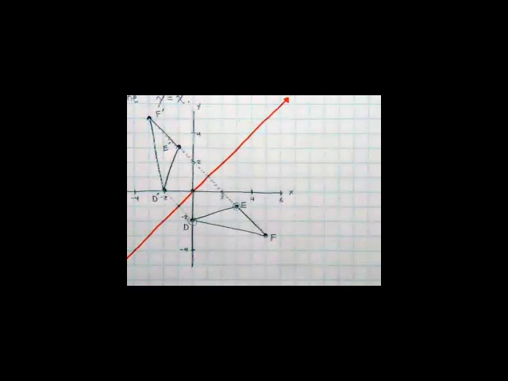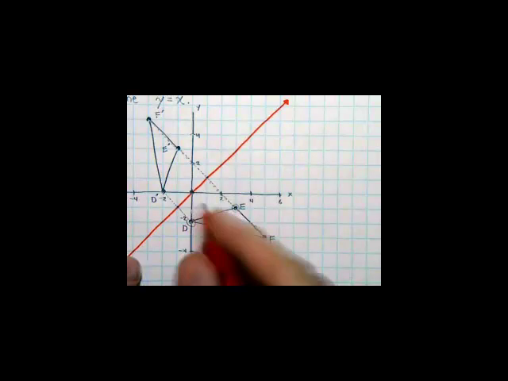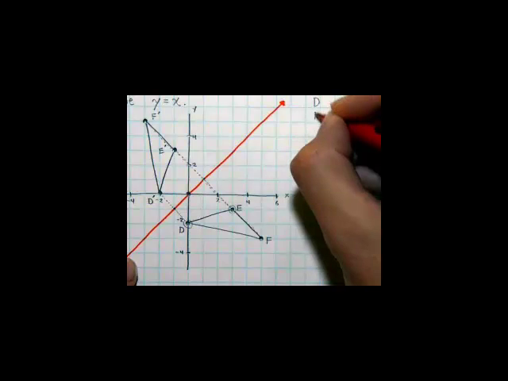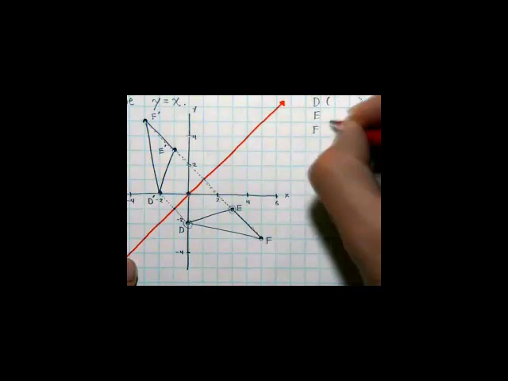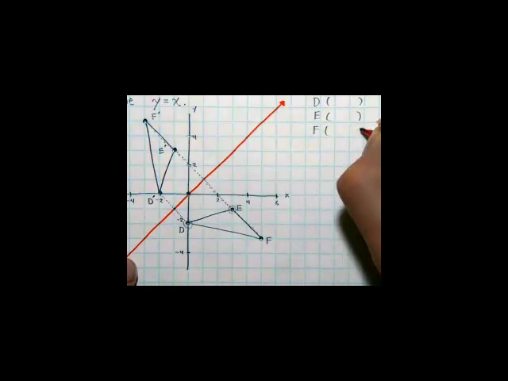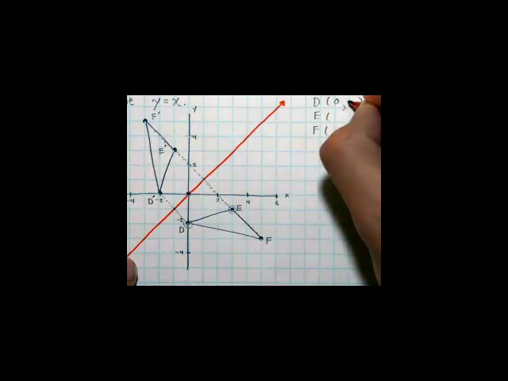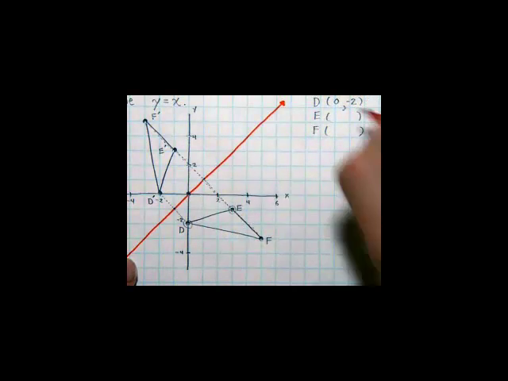Now, real quick, there is a connection with these coordinates again, though. So what I'm going to do is I'm going to give you the coordinates of D, E, and F, and then you write down the coordinates of D prime, E prime, and F prime, and take a look at them and see if you notice anything that jumps out at you. So D was at 0, negative 2. E is at 5, negative 1.